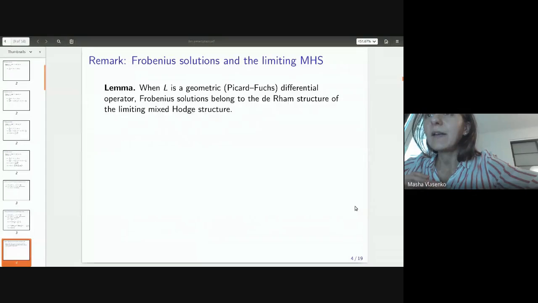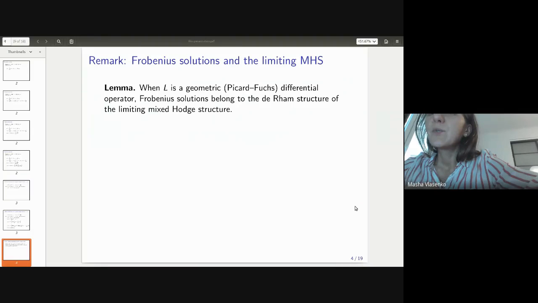Okay. In the next slide, it's a remark. So if you don't know what mixed Hodge structures are, you can ignore me for a second. I just want to tell why Frobenius solutions are interesting from the geometric point of view, why they are interesting in algebraic geometry.